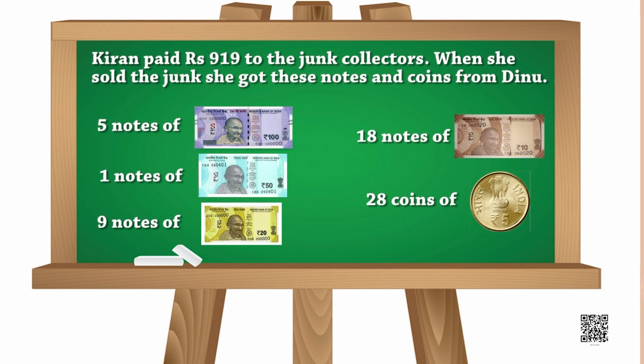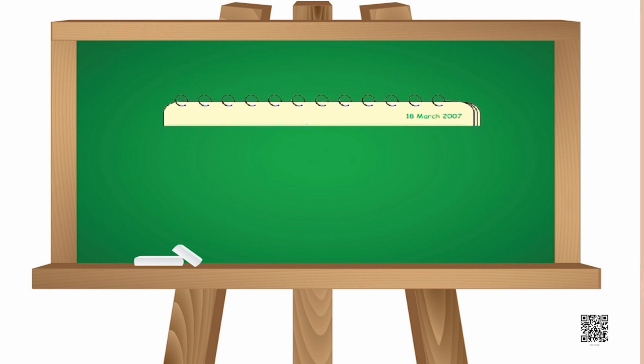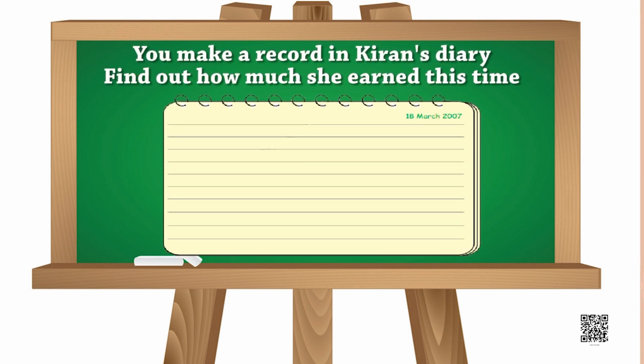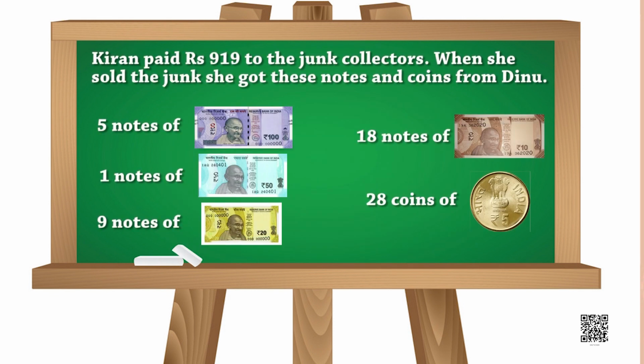Now, you make an entry in Kiran's diary stating what is the amount she has spent and what is the money she has earned. Is she making a profit in this situation or a loss? Compute the details given in this picture and then give your answers and discuss that with your parents and teachers.